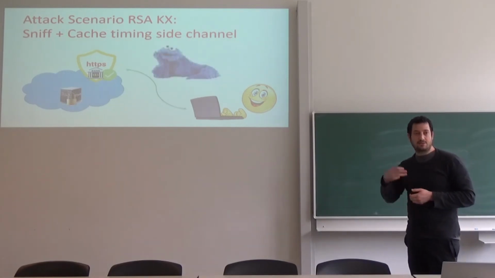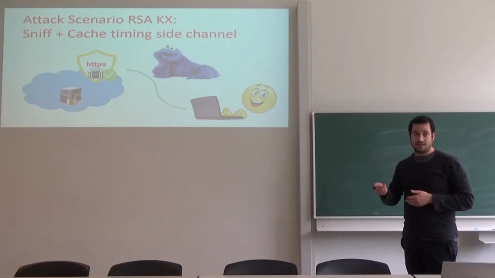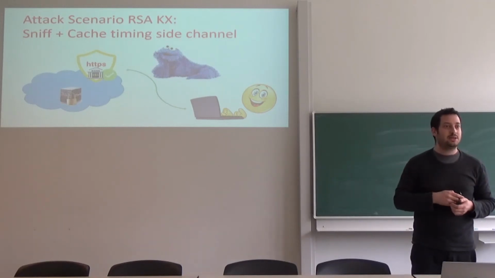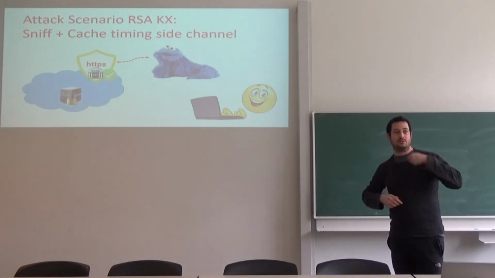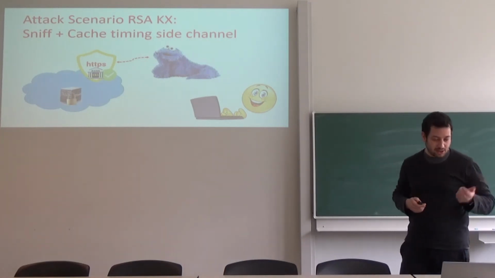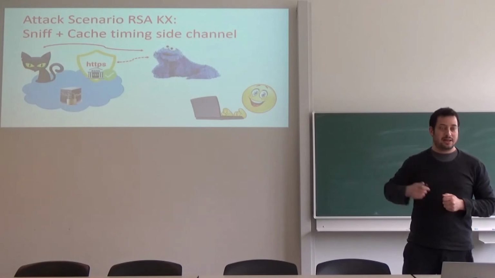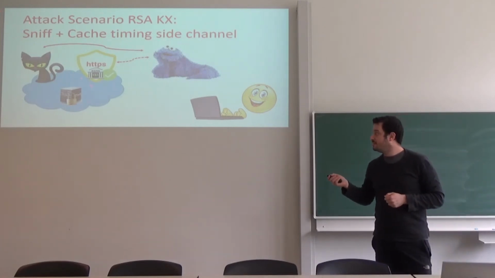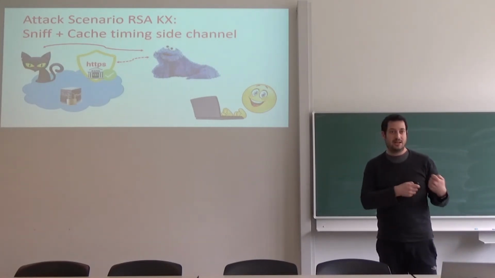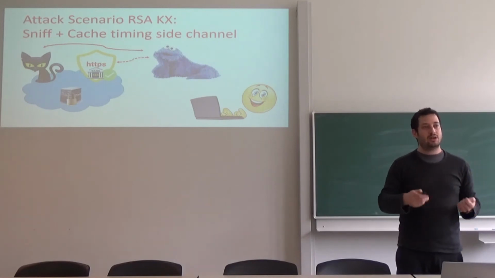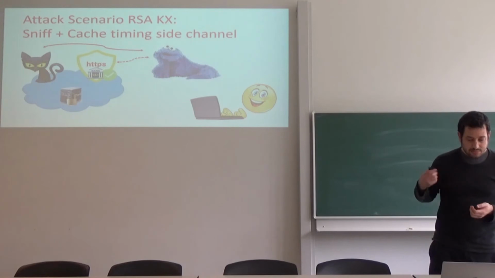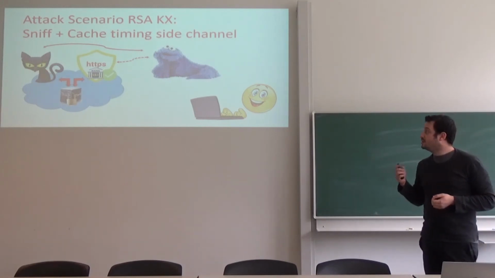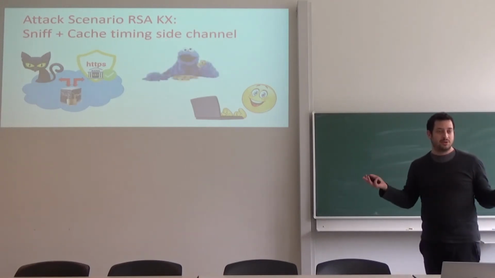So he tries to log in, he will send the cookie, and the cookie monster will sniff the traffic. Afterwards, the cookie monster is going to do the Bleichenbacher attack, and it will use our cache attacker that runs on a VM on the same hardware to get the cache side channel and give us the oracle: is the beginning of the message valid or not. And then using the side channel, we can get cookies, which is what we want.